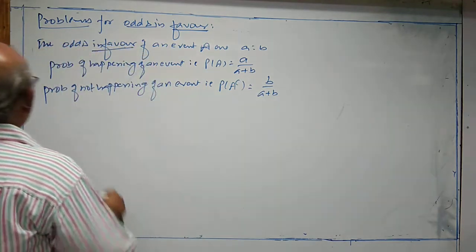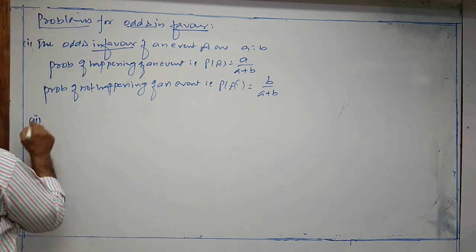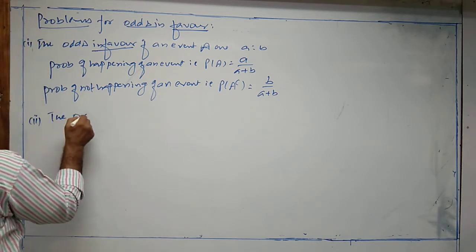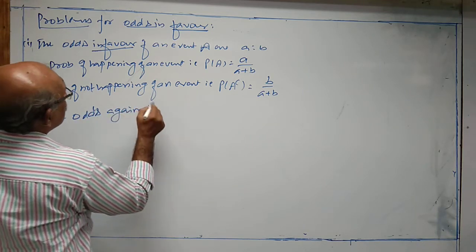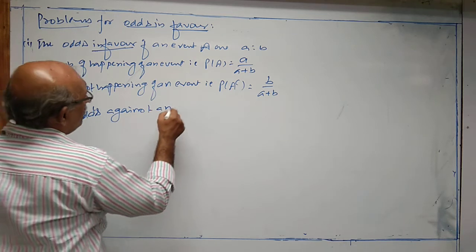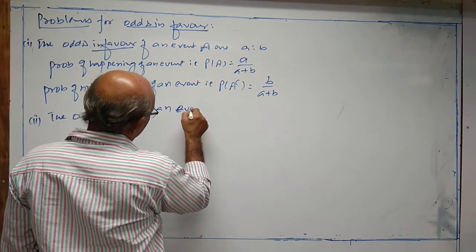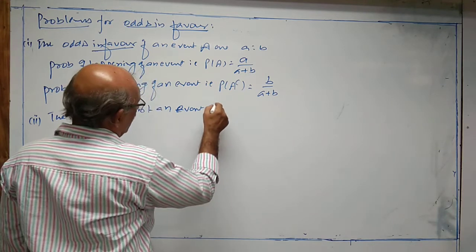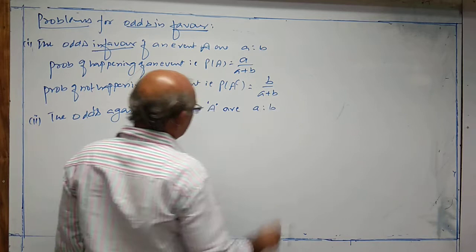Now let us see one more point here. Suppose in the question it is given the odds against an event A are a is to b.